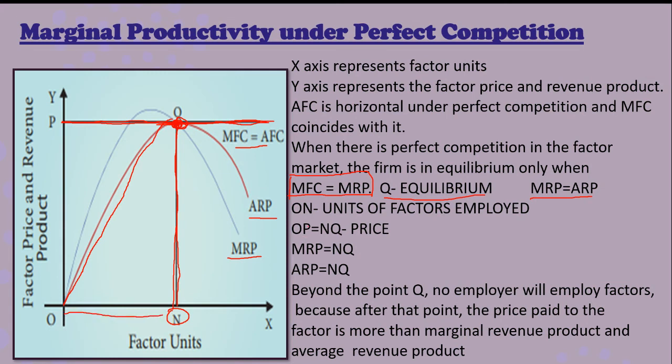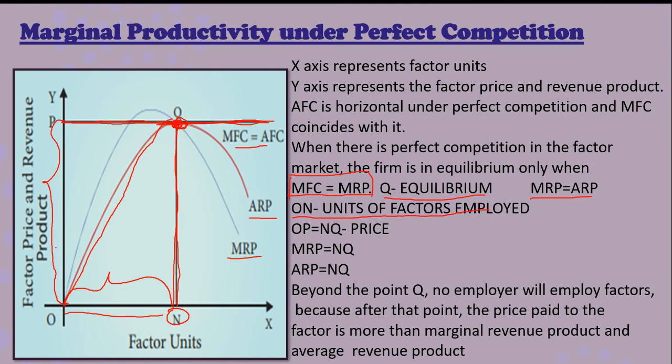ON is the units of factors employed. How much is the price? OP is the price. All that is given.